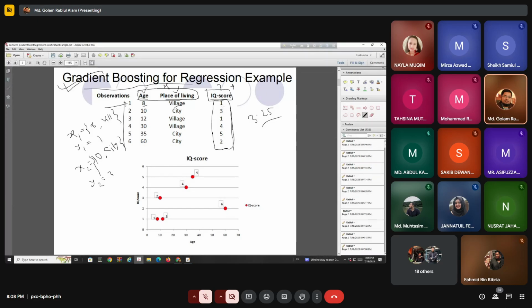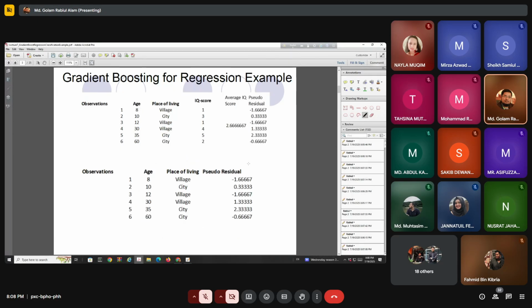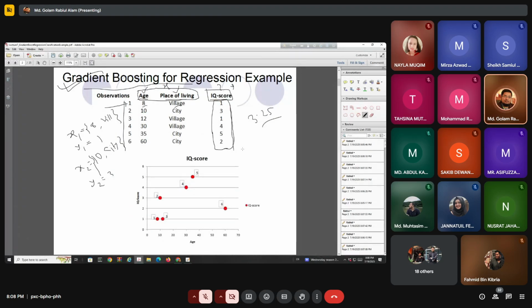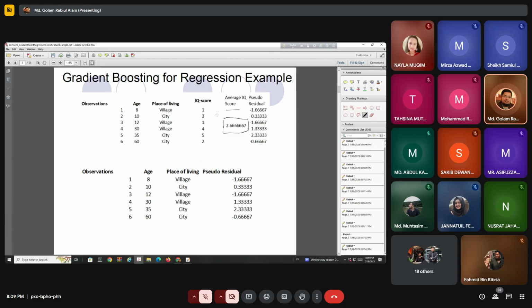Then we divide by 6. The average IQ score we will get is 2.67, that is the summation 16 divided by 6. So this one is our initial model, that is our F.